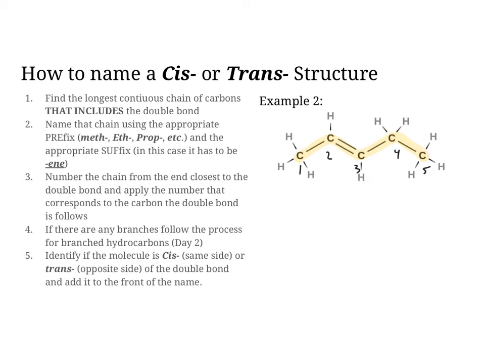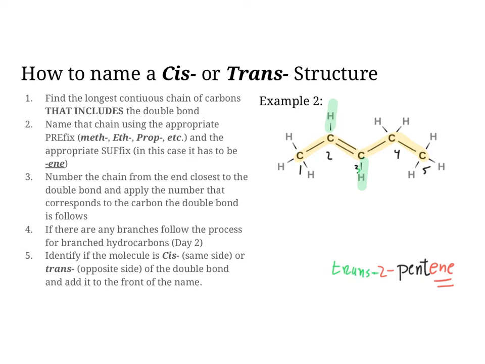Now I identify that it is a double bond by giving it an ene. Because it's 5 carbons long, it is a pentene, and because the double bond is after the second carbon again, it is a 2-pentene. But when I take a look at the hydrogens in this case, they are on opposite sides of the double bond, which means that this would be a trans-2-pentene.